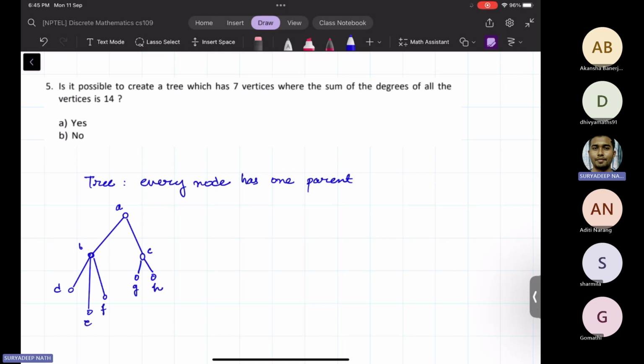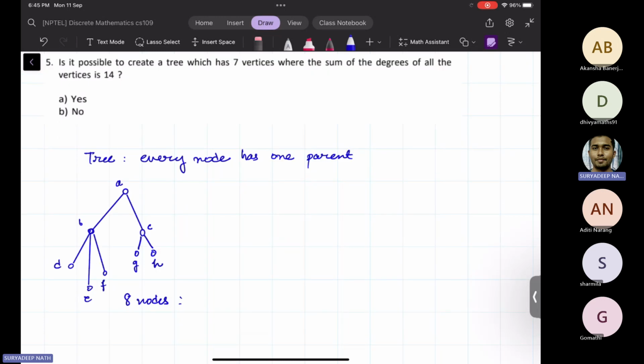So we have 8 nodes. How many edges do you think this tree has? 8 nodes, and edges equal to how many edges? 7, right?